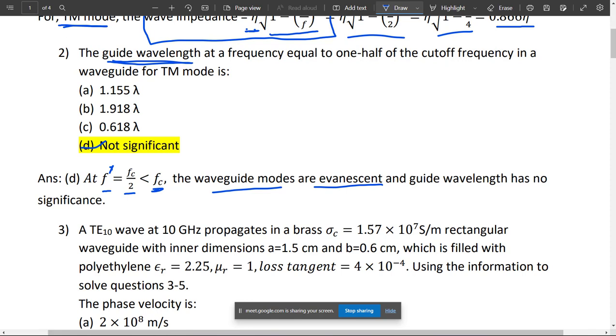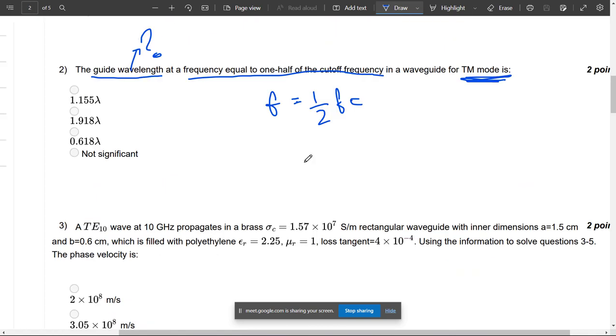So what is the concept here? The concept here is, for those electromagnetic waves which are below the cutoff frequency, those waves won't be able to propagate, and thus there won't be any significance of guide wavelength.